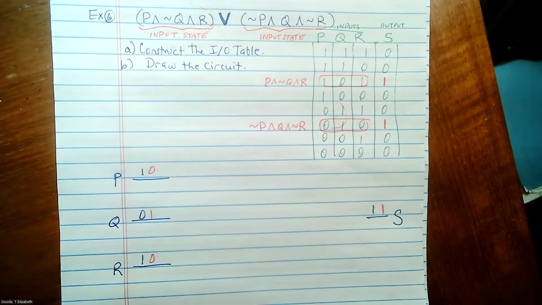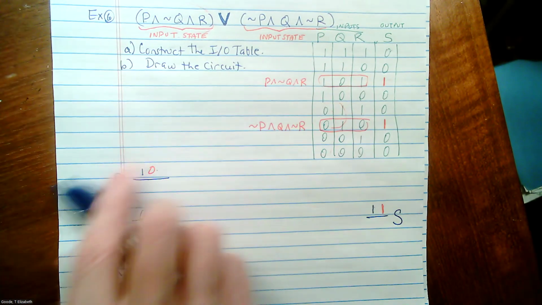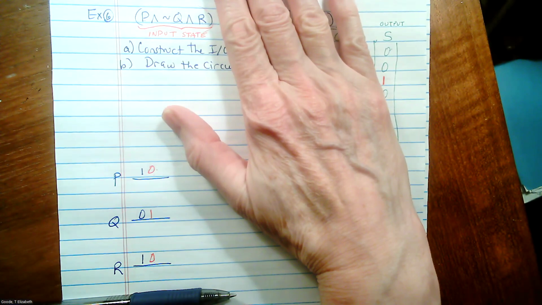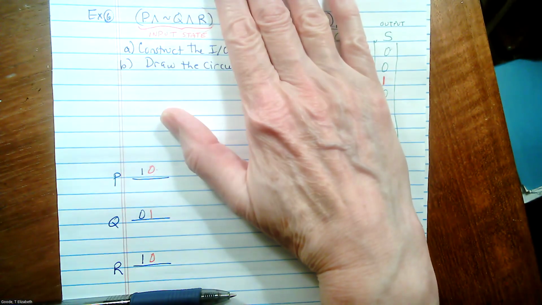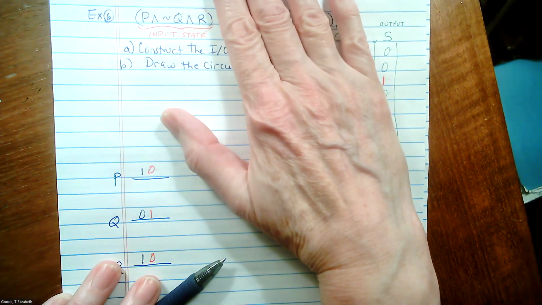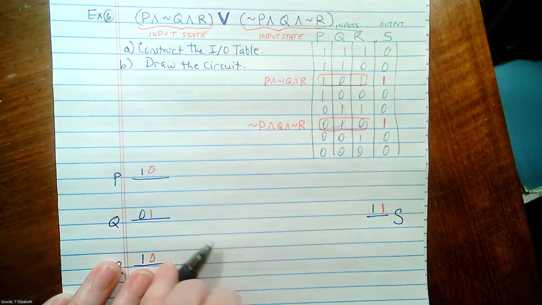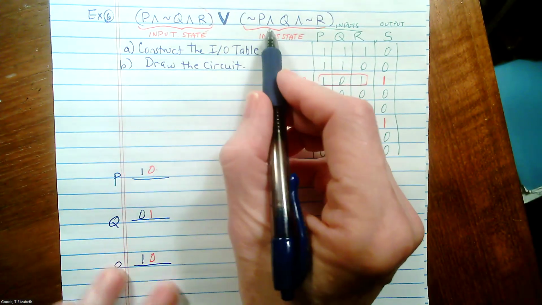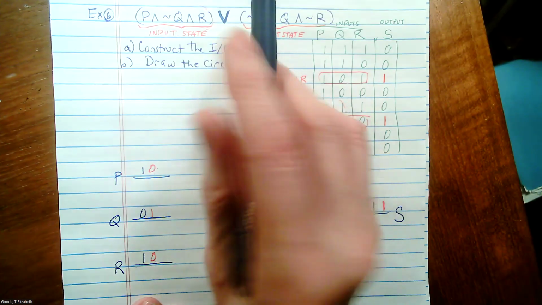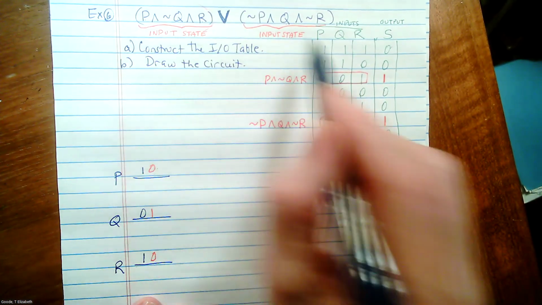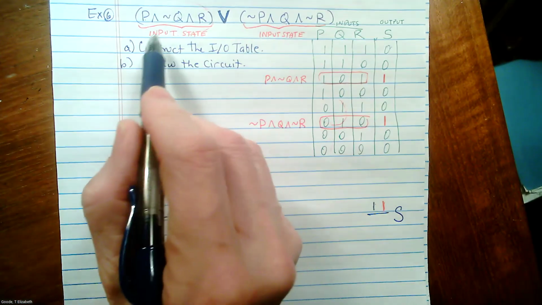Got it? If we only had 1 set of parentheses and it's disjunctive normal form, that's the beauty of disjunctive normal form: when the expression is in disjunctive normal form, it tells you how many 1s you're going to have in your IO table.